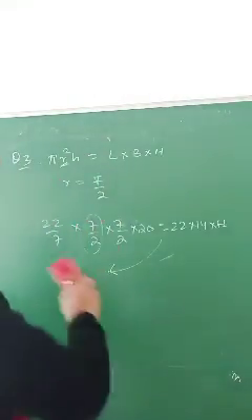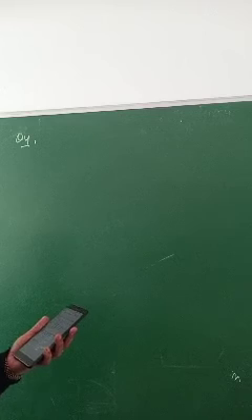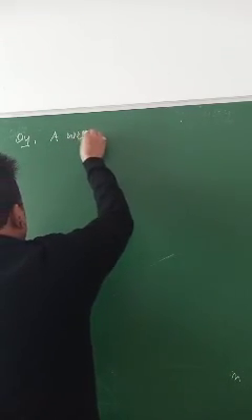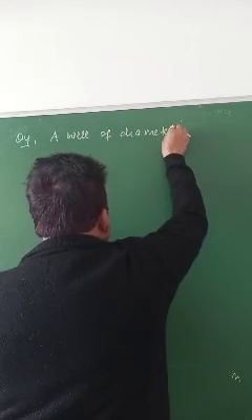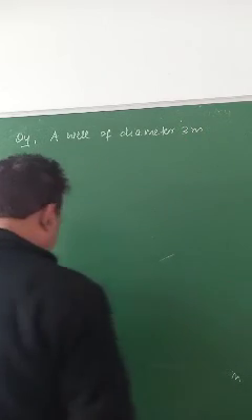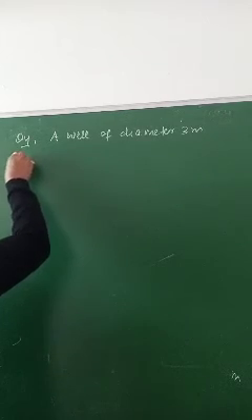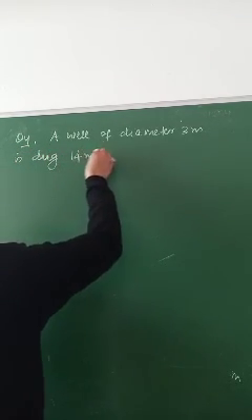Okay, question number 4. A well of diameter 3 meter is dug 14 meter deep.